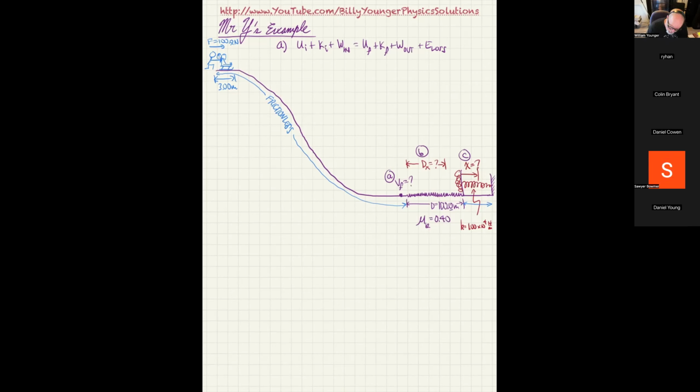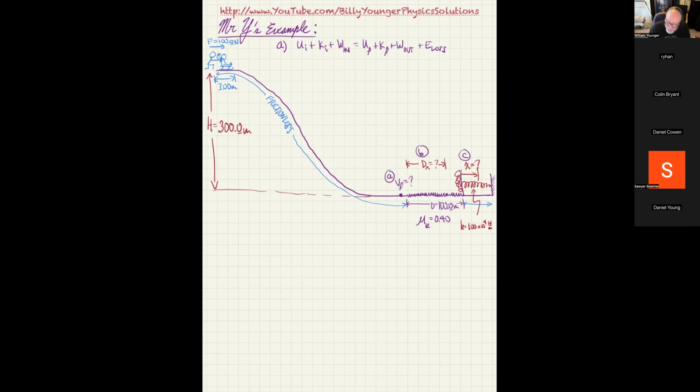The other thing, I just completely forgot to list this. I'm going to say the height of this hill, H, is equal to 300.0 meters. I just didn't list that before. What we'll be using though is the potential energies that we've learned about.